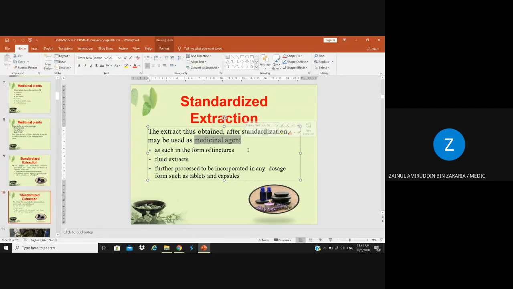Sometimes when you do extraction with hot water, you can soak for 25 minutes. After 25 minutes, you filter the sample, you take the supernatant, your extract, and you can use it already for testing on animal, in vivo or in vitro.